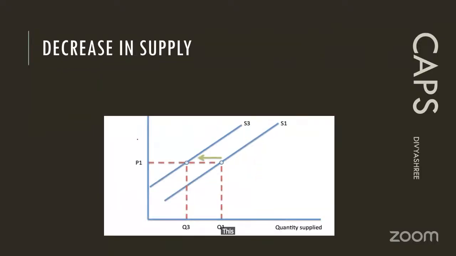This is decrease in supply. In the same diagram, you can draw an upward shift as decrease in supply. Completed? Okay.